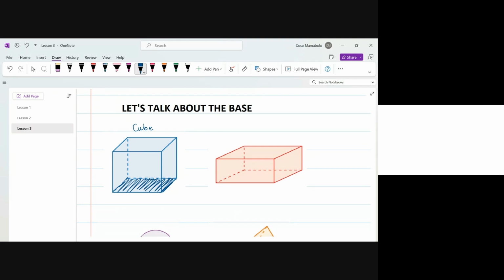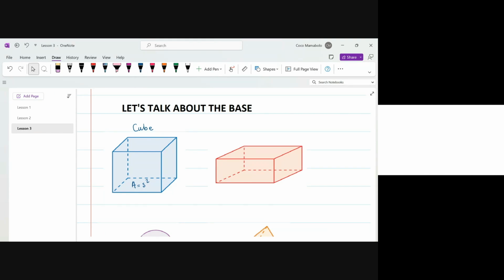Good, the base shape is a square. So I know that the area of my base is going to be side times side, or just side squared.